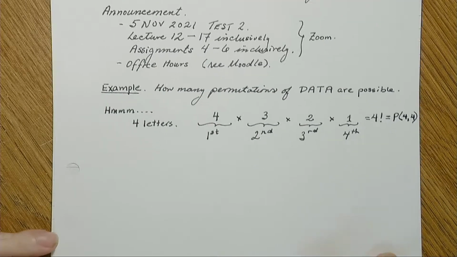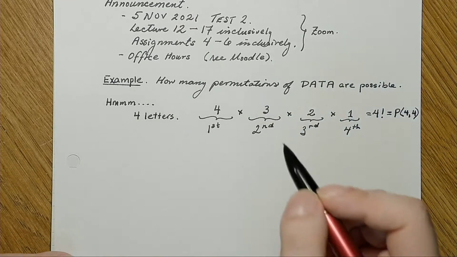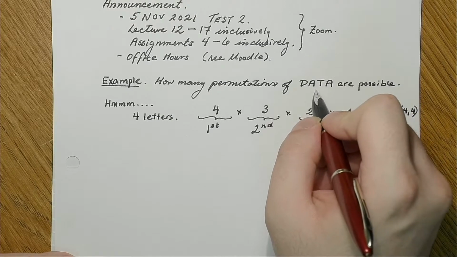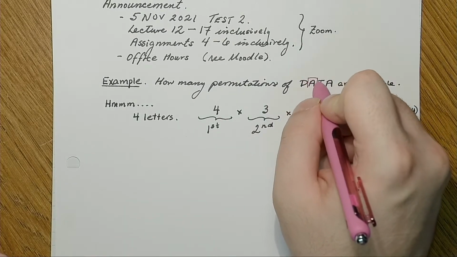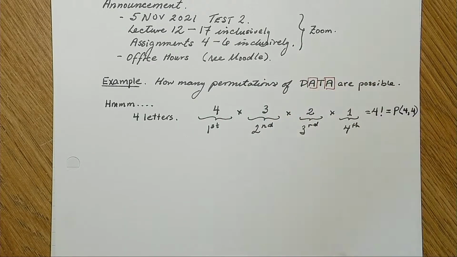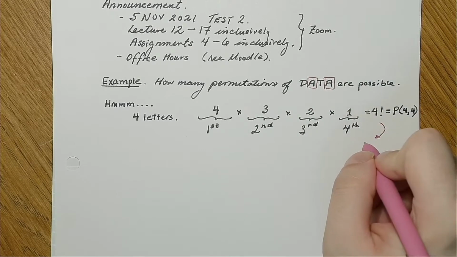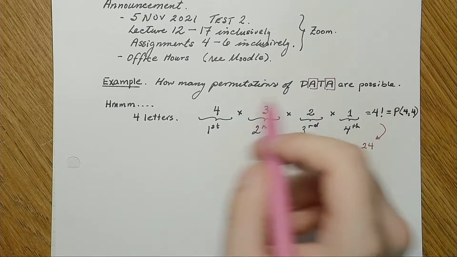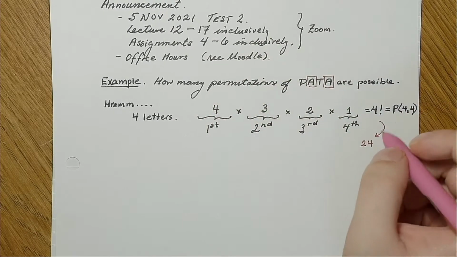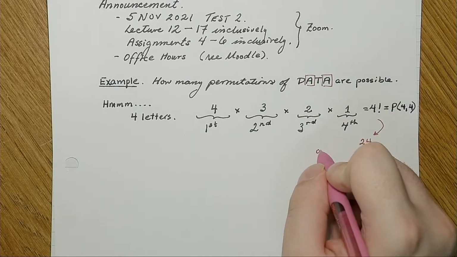But what that means is that you will have some repetition, because we have the A and the A, and those are not distinguishable. So that would be 24. 4 times 3 is 12, times 2 is 24. But we're overcounting.